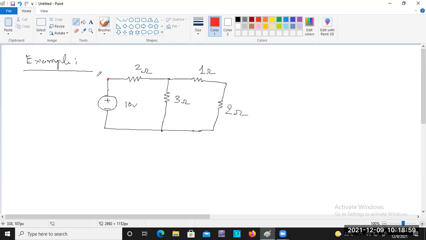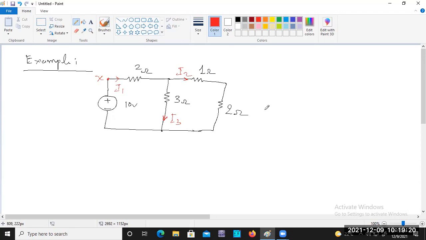So this terminal is X, that is I1, the I1 current is flowing, and now this is I3, and that is I2.